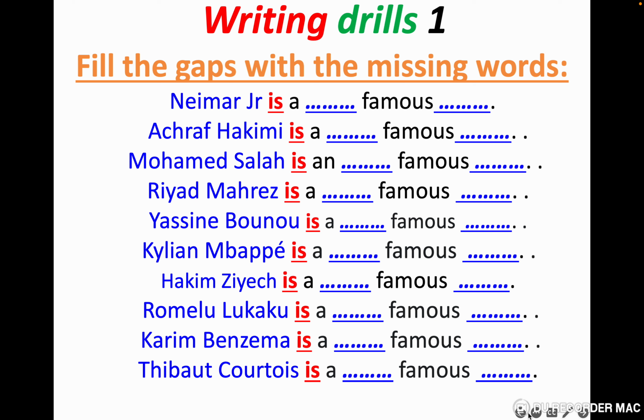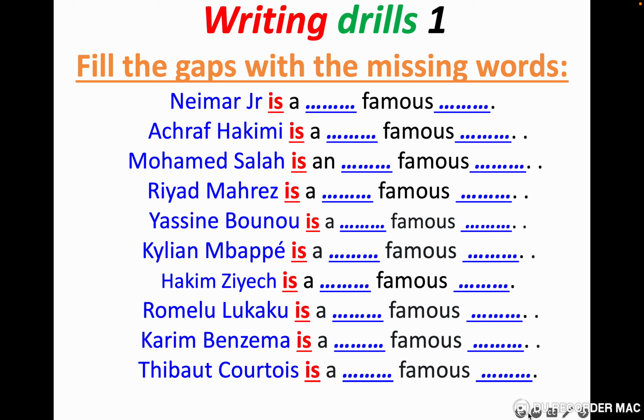Now we have famous people, and there are two missing words. Neymar Jr. is a famous. Ashraf Hakimi is a famous. So the first one you write the nationality, and the second one the job. What's his job? Is he a doctor?